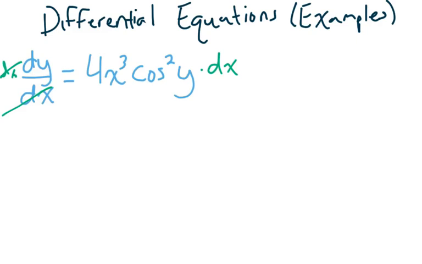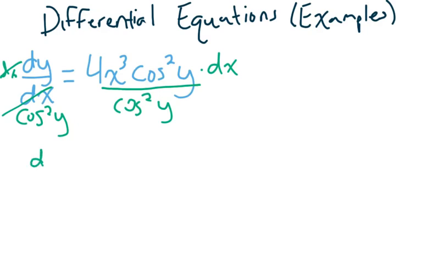And then I can divide both sides by cosine squared y. Okay, now I'm going to rewrite that a little less messy, and I have dy over cosine squared y equals 4x cubed dx.